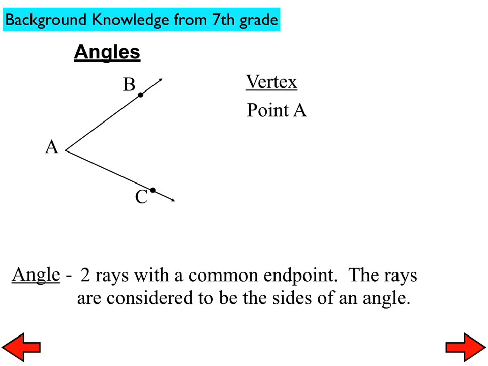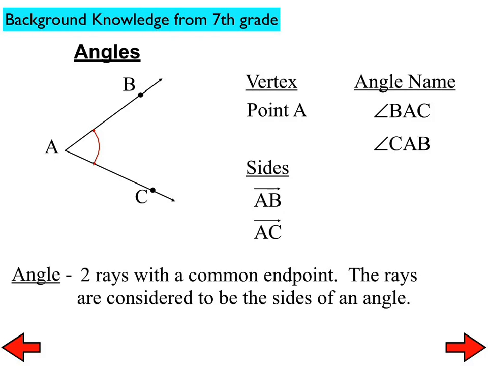Every corner is a vertex, but we can name this one by its vertex simply because it's the only angle A. Once again, the sides are ray AB and ray AC. We can call that angle either angle BAC, angle CAB, or angle A. Sometimes there's a number at the vertex, like right there's a 5. That doesn't mean it's 5 degrees. That just means it's angle number 5.